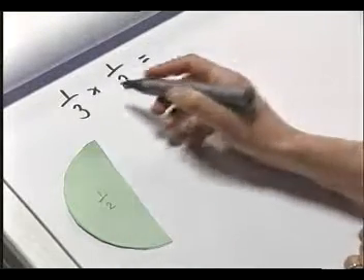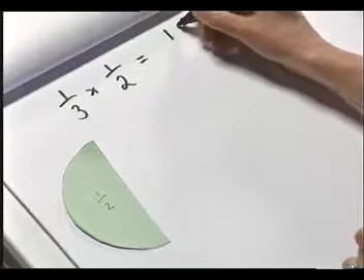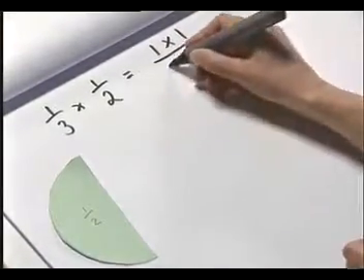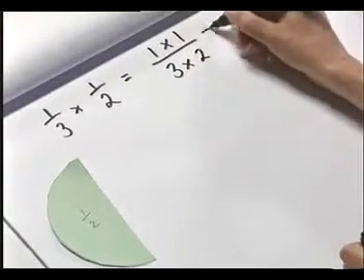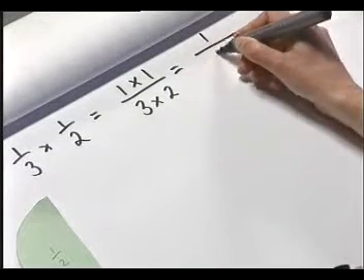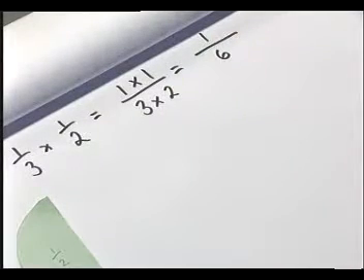But let's look numerically, what we were doing before, multiplying the numerators and multiplying the denominators. So 1 times 1 is 1, and 3 times 2 is 6. So we get an answer of 1/6.